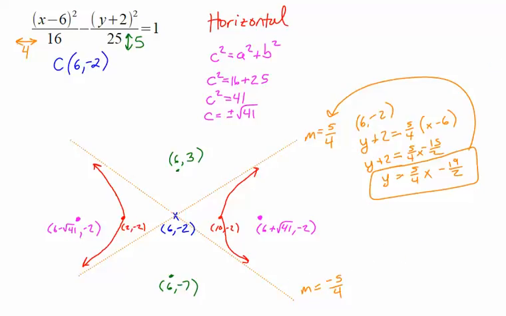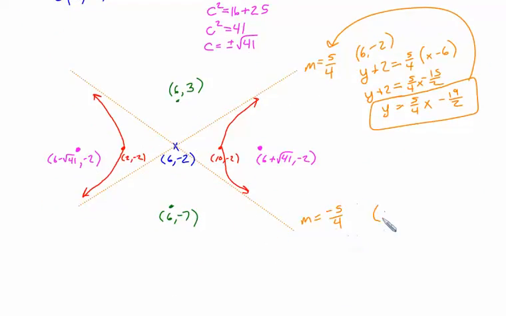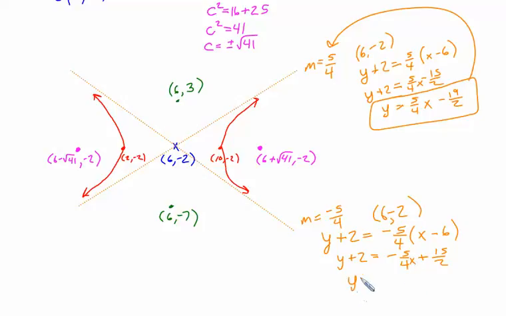And then for our other asymptote, it also has a slope of negative 5/4. It's also going through the center point of (6, -2). We would plug into y minus y1 equals m times x minus x1. If we were specified to have slope-intercept form for our final answer, we would have, let's make sure we put the x there, y is equal to a negative 5/4 x plus 11 halves.